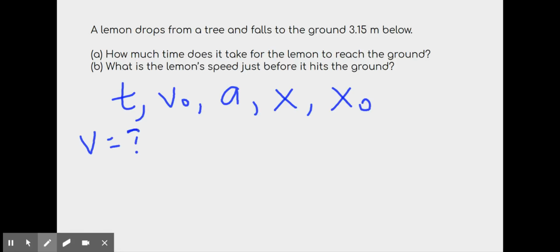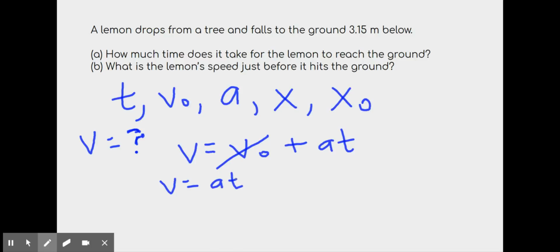So we want to know what this is. Is there an equation that allows us to relate the velocity to some of these terms in the simplest way possible? Why, yes, there is. It is an equation of motion, and it is v equals v naught plus at. Well, the initial velocity was 0, so we can cancel this out, and we're left with v equals at.